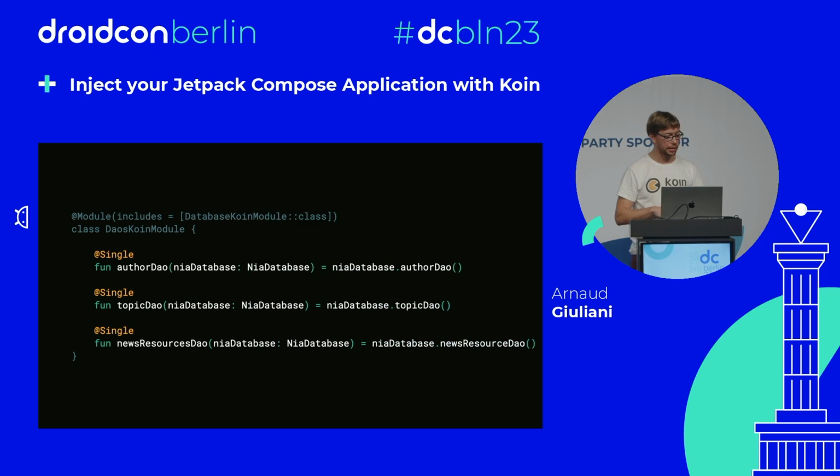You see that here, for example, we are writing 3 functions to reuse the NIA database instance directly, and then we say equals, and then we can write any kind of Kotlin expression here. That means we just tag the function with Singleton to describe a singleton instance in Koin, and then directly we have the definition of your instance.